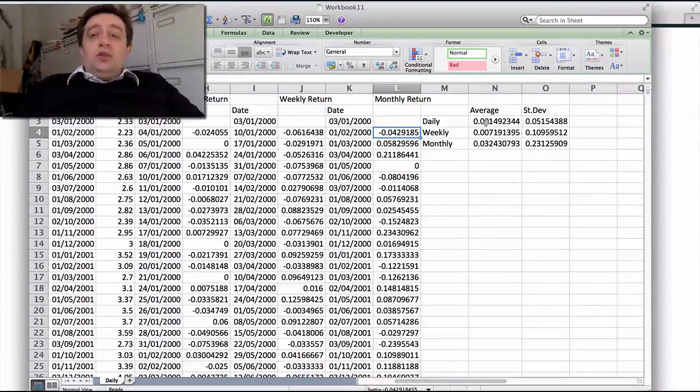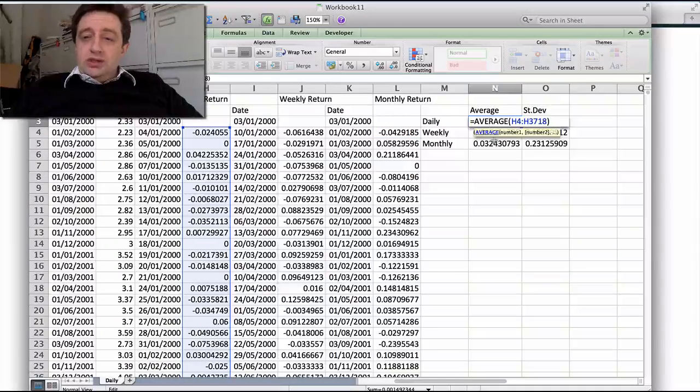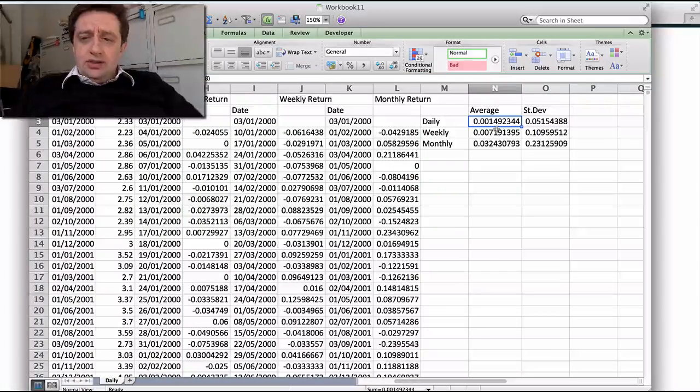The next thing we want to do is calculate the averages. If you look at my formula here, I've used the Excel formula AVERAGE, and I'm including the whole of the data set. There are 3,718 daily return observations in my Adidas time series, and the average daily return is 0.149%.